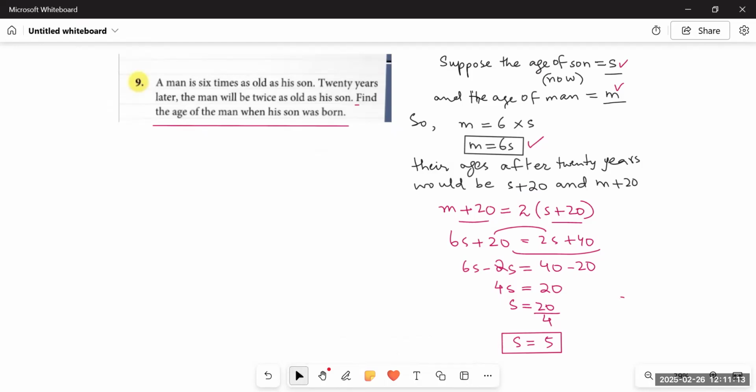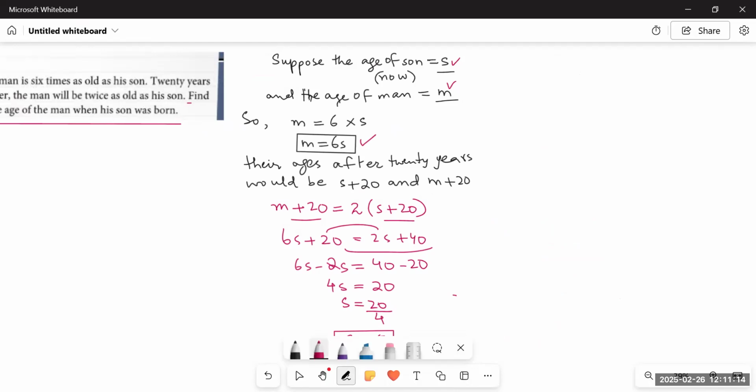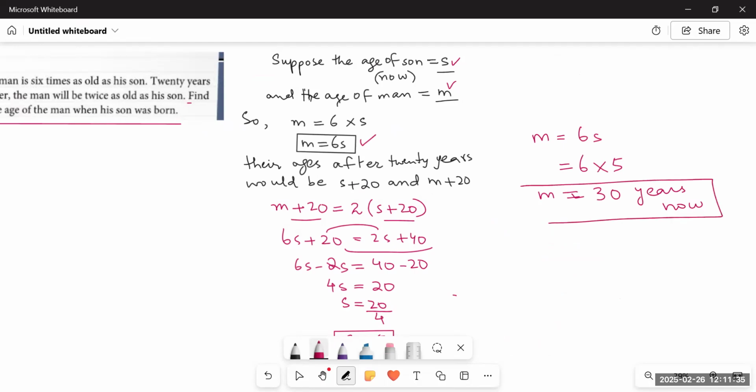So what I'll do, I'll write man's age is equal to 6s, which means 6 multiplied by 5 is equal to 30. It means the man is 30 years old right now.